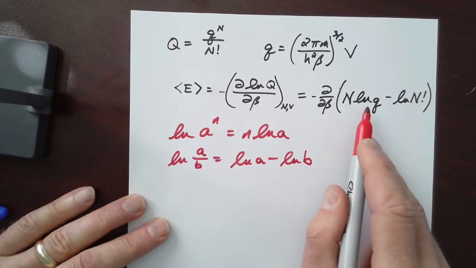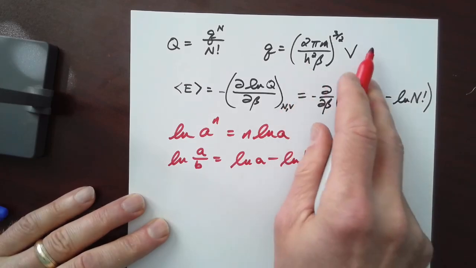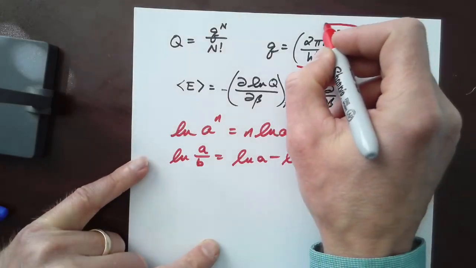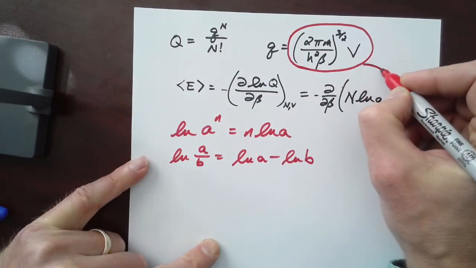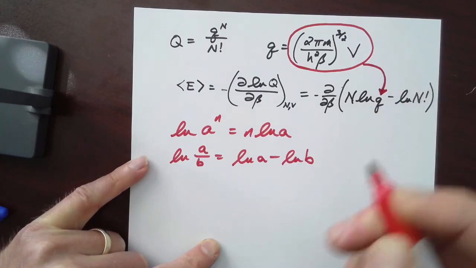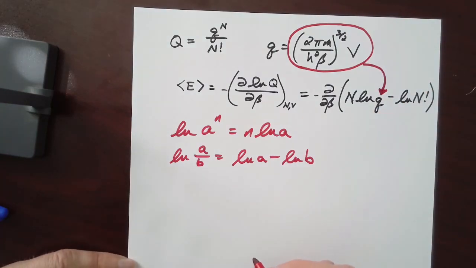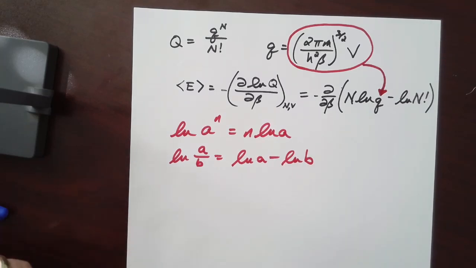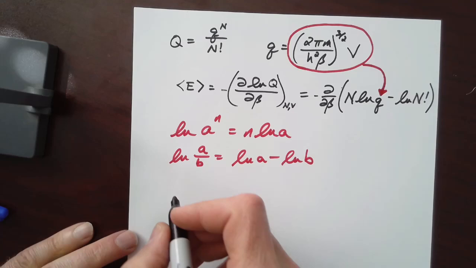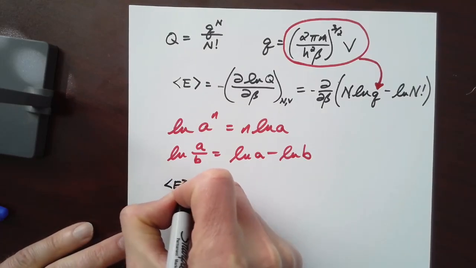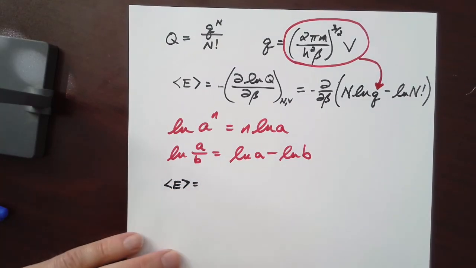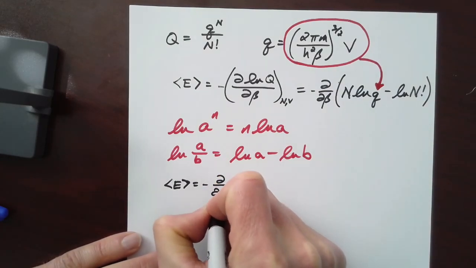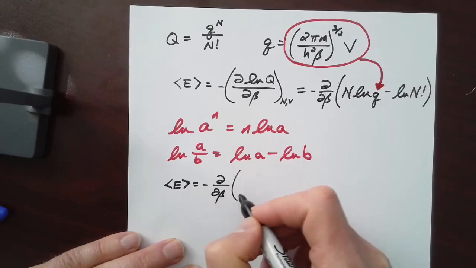If I plug in what Q is, remember Q is this stuff right here, we're going to take that and plug it in here. In doing so, the average energy is equal to negative partial with respect to beta. We're not yet ready to take the derivative.